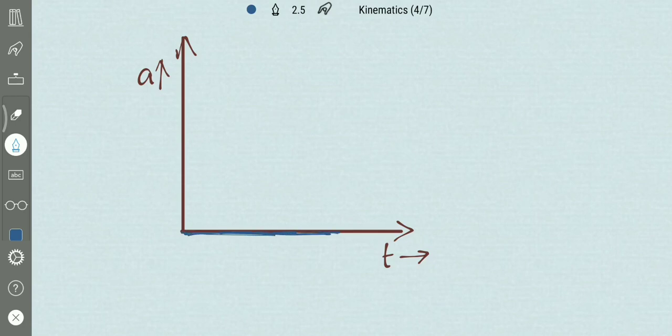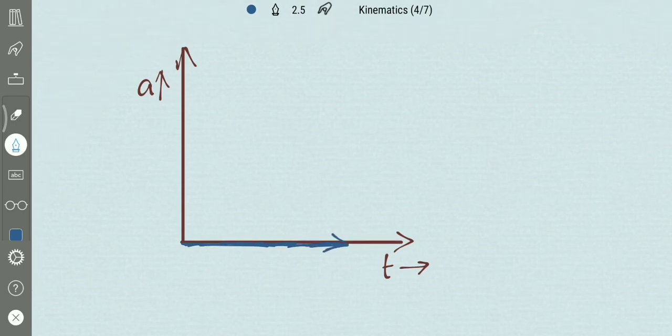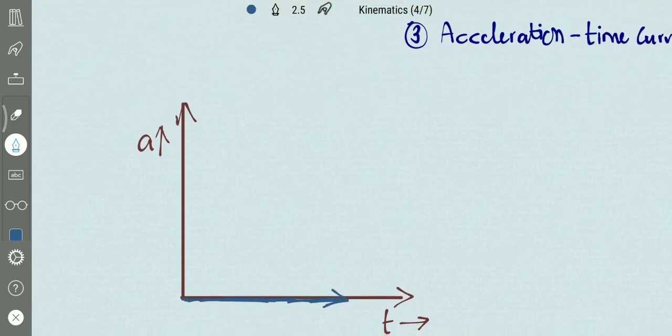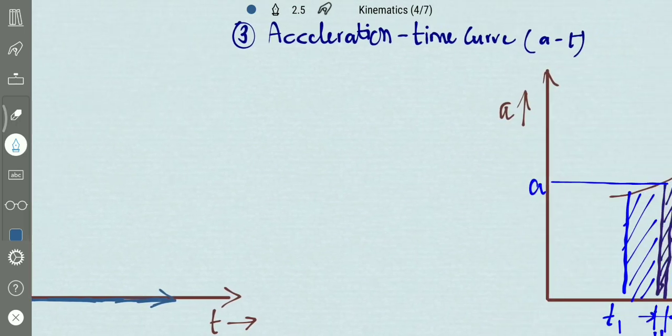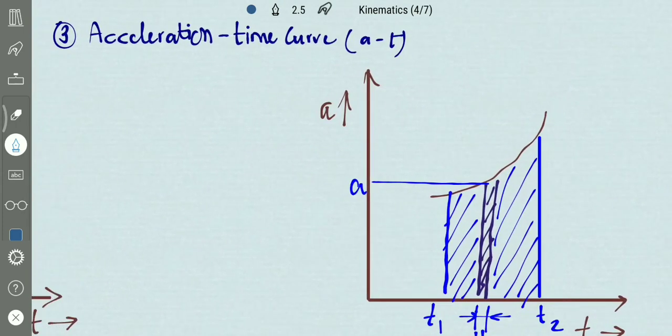The x-axis will be the curve in the acceleration time curve for uniform motion. And in non-uniform motion, the acceleration will be like this in this curve. It may be uniform acceleration or non-uniform acceleration.